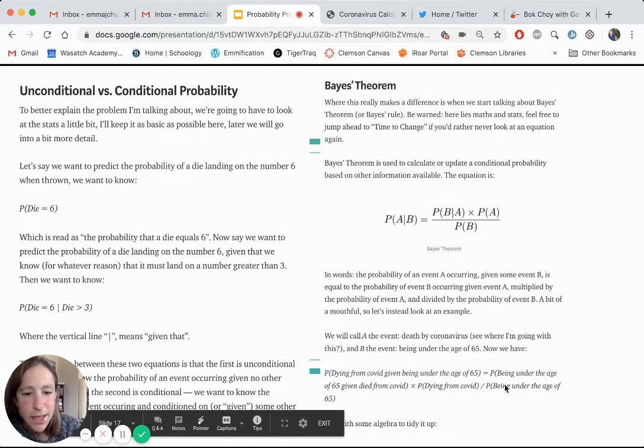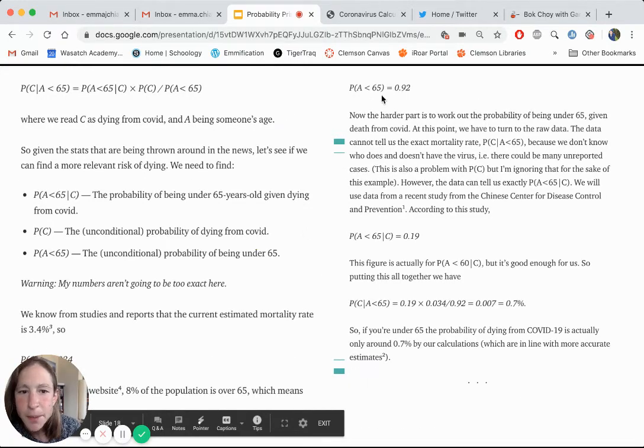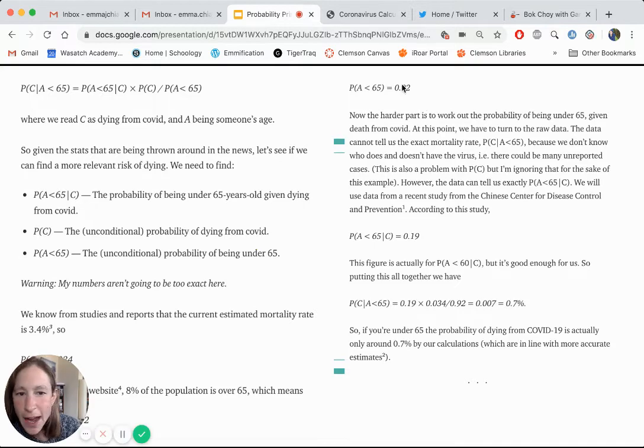So what this formula says is you want to look at the probability of being under 65 given that you died from the disease times the probability of dying from the disease in general, divided by the probability of being under 65. This is a smaller population. And so we end up with a probability of 0.7% as the final result. So your chance of dying if you're under 65 is actually quite small.